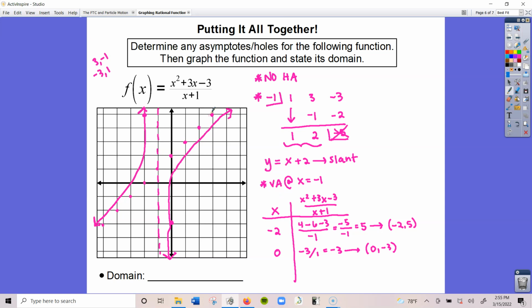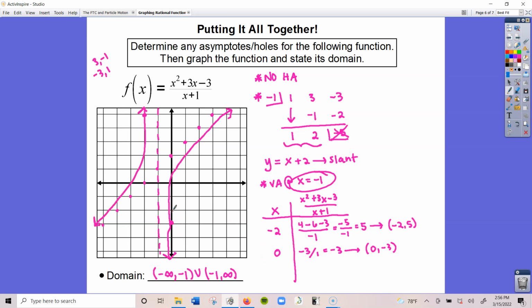As you can see here, the slant is not going to affect my x's, since my graph still goes forever left and close to the vertical, and then it still goes forever right and close to the vertical. So my domain is only restricted by x is equal to -1, making it -infinity to -1, union -1 to infinity.